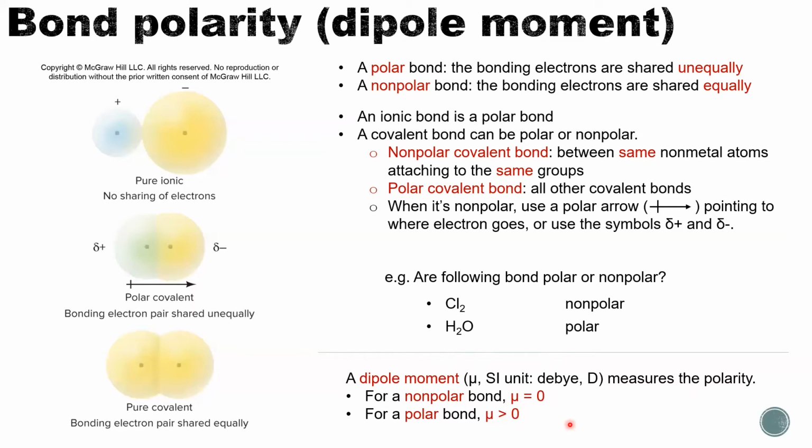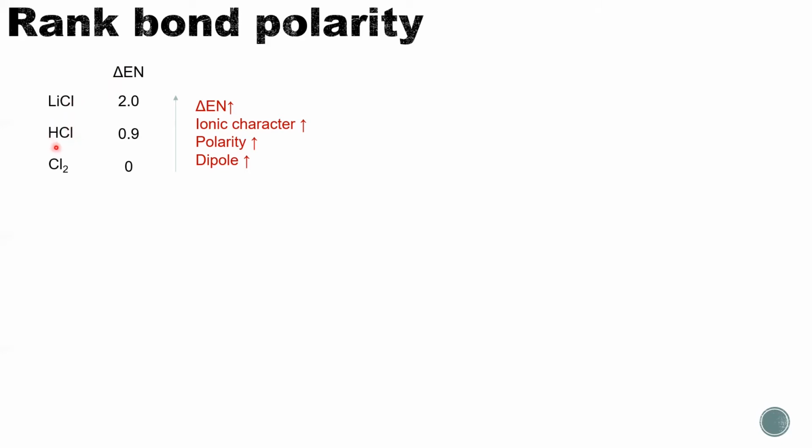With the concepts of polarity and the dipole moment, we can rank the bond polarity based on the electronegativity difference we talked about before. We describe the electronegativity difference of the ionic compound, the covalent compound with a polar bond, and the covalent compound with a nonpolar bond.